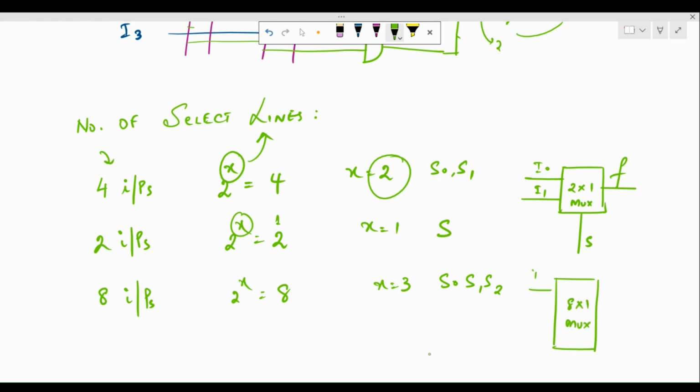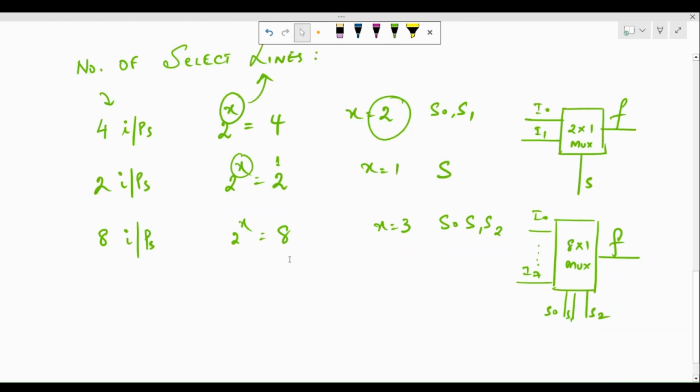So 8 inputs starting from I0 up to I7 and just one output which is F, but three select lines S0, S1 and S2. This way we can go on and find out how many select lines would be required for a particular multiplexer. It should always be remembered that there are going to be multiple inputs and just a single output.